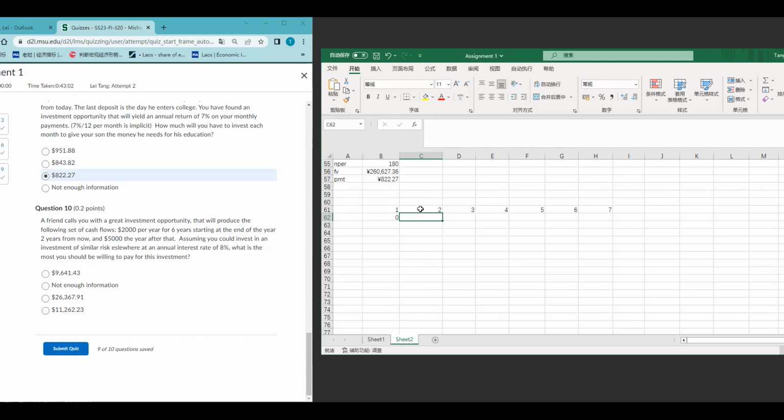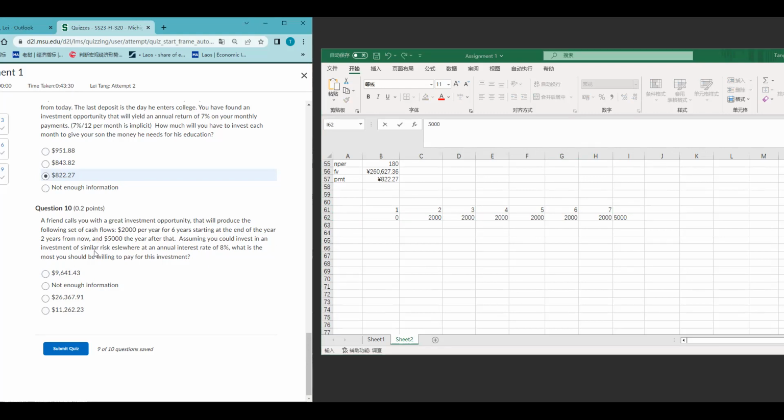So 1 to 2 is 1 year, 2 to 3 is 2 years, 3 to 4 is 3 years. 1, 2, 3, 4, 5, 6. So it starts with 6 years of 2,000, 2,000, 2,000. After that, it's 5,000.